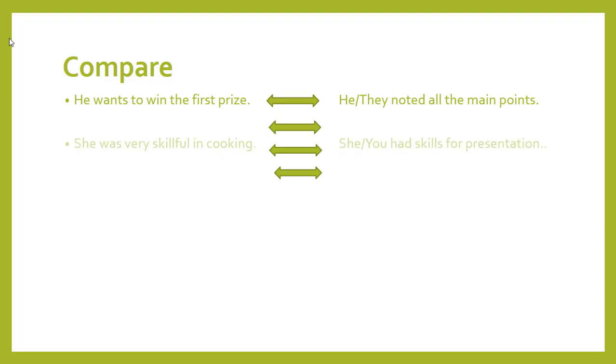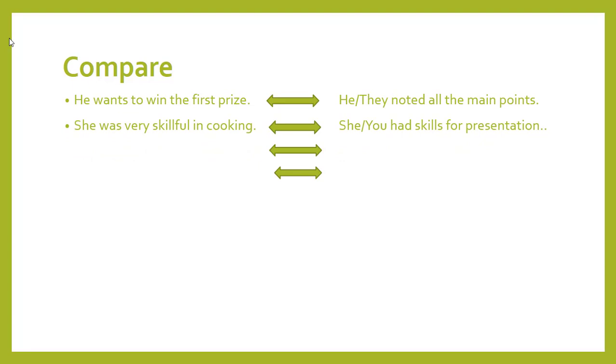Now, second comparison. She was very skillful in cooking. To be compared with: She or you had skills for presentation. In the first sentence, she is a singular subject and its verb, was, is a singular one.